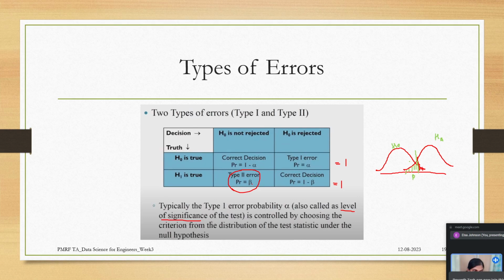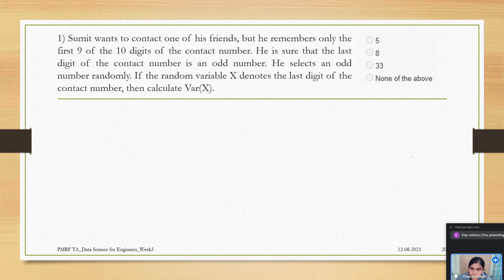If you want to include more things in the null hypothesis region, you have to bring this to the right side, and then alpha will reduce and beta will increase. So there is a trade-off. This you have also seen in the lecture videos. These are the basic things from this particular week. We'll move on to the assignments.